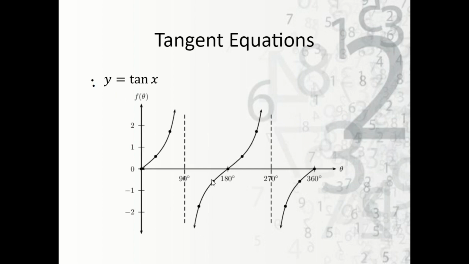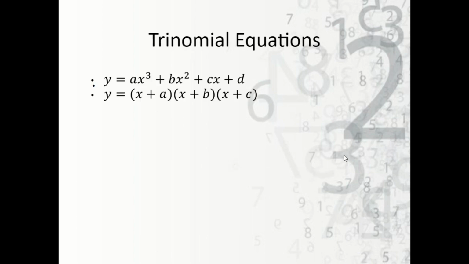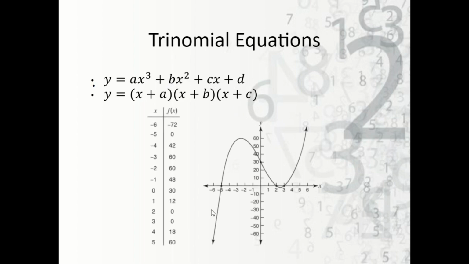So it starts like this, curves, and then goes back up. Trinomial equations look like ax cubed plus bx squared plus cx plus d, or it can look like this, y equals x plus a times x plus b times x plus c. And that's going to look like this, where it goes up, changes directions, and comes down. It almost forms like two different parabolas. So that's a trinomial equation.